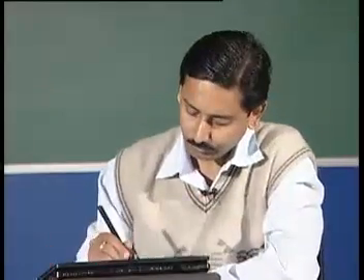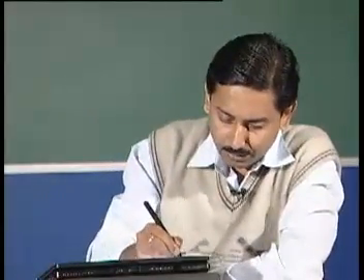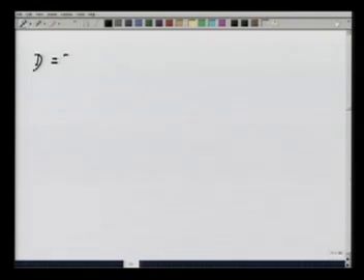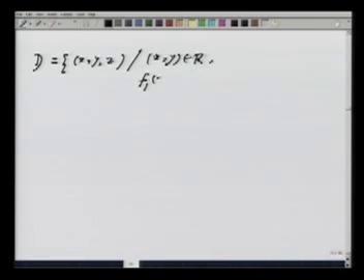So formally D then is {(x,y,z) such that (x,y) belongs to R and z satisfies f1(x,y) ≤ z ≤ f2(x,y)}.